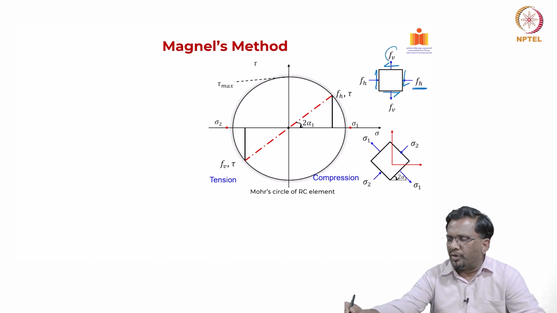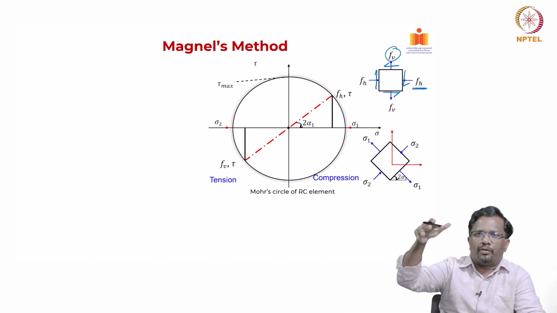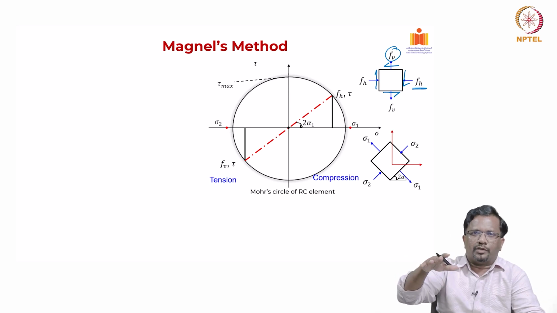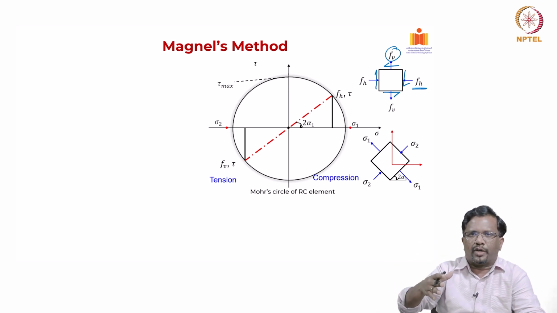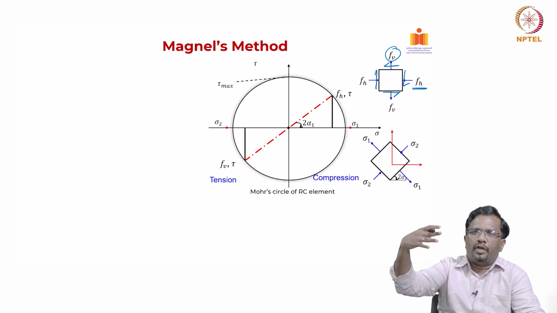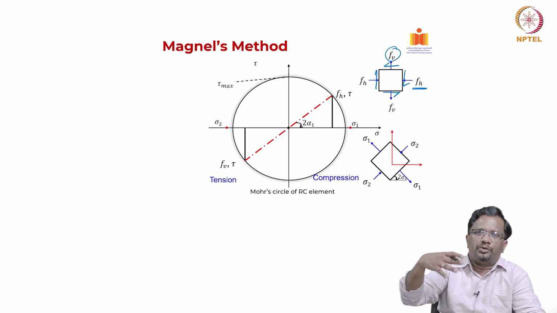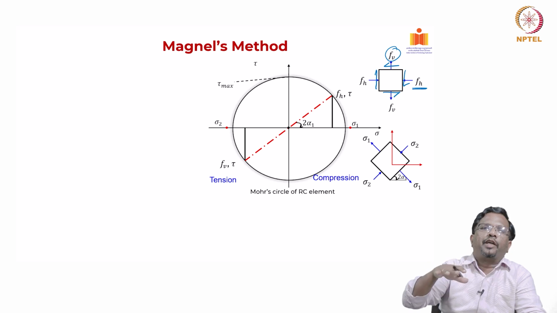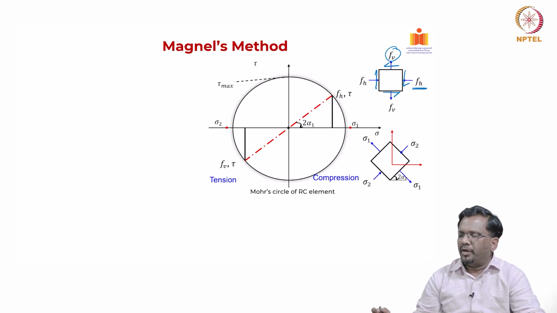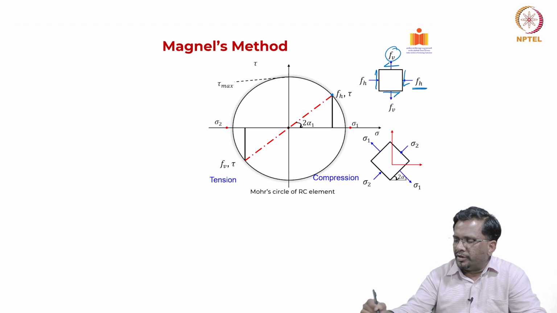Again, please note that this Fe is coming from the moment of the forces about the horizontal plane. It is not your bending moment. You are taking the effect of the horizontal forces induced due to bending, but you are taking moment about the horizontal plane. That is the reason we are taking Fe like this, and then you get your two stresses here.